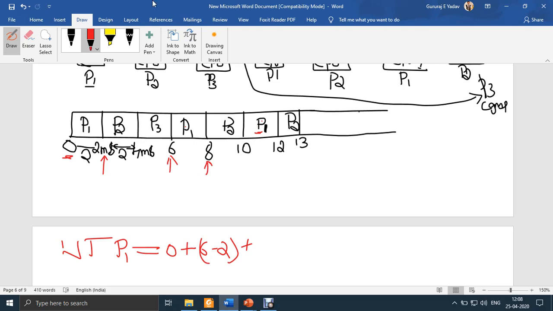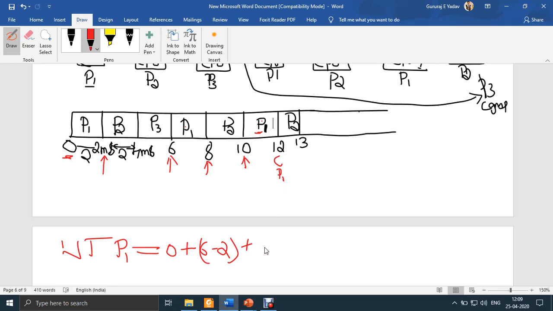So as soon as P1 was preempted at 8, it will go back and sit in the ready queue until it is given the chance once more. That is at 10 milliseconds, and it will complete at 12 milliseconds.